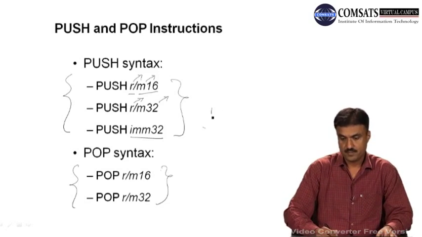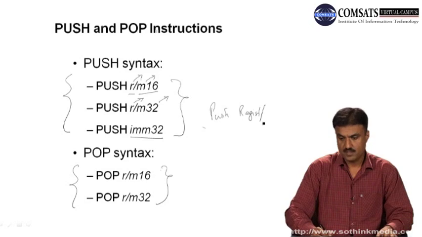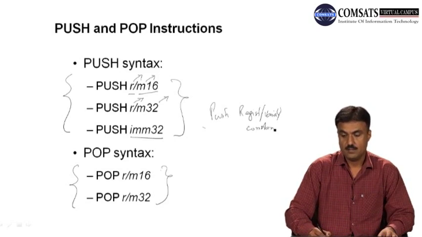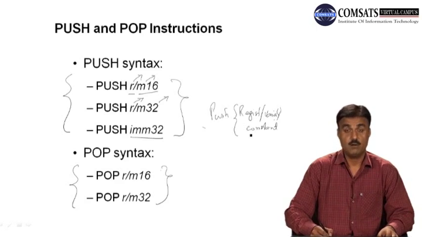Now there is one difference in the pop. When we push, we can push either a register value or variable or memory location, or the third one is a constant. Keep in mind, constant. So whatever the value is, either in a register, inside a variable, or any constant.